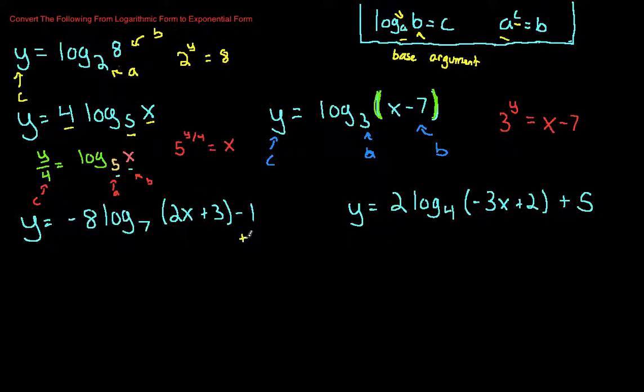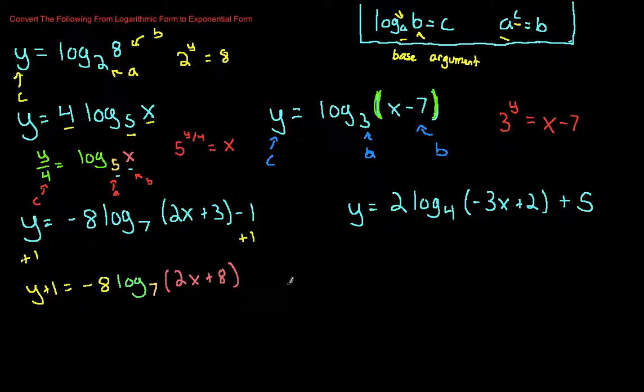To isolate this, I first add 1 to both sides. So I have y plus 1 is equal to negative 8 times log base 7 of 2x plus 3.